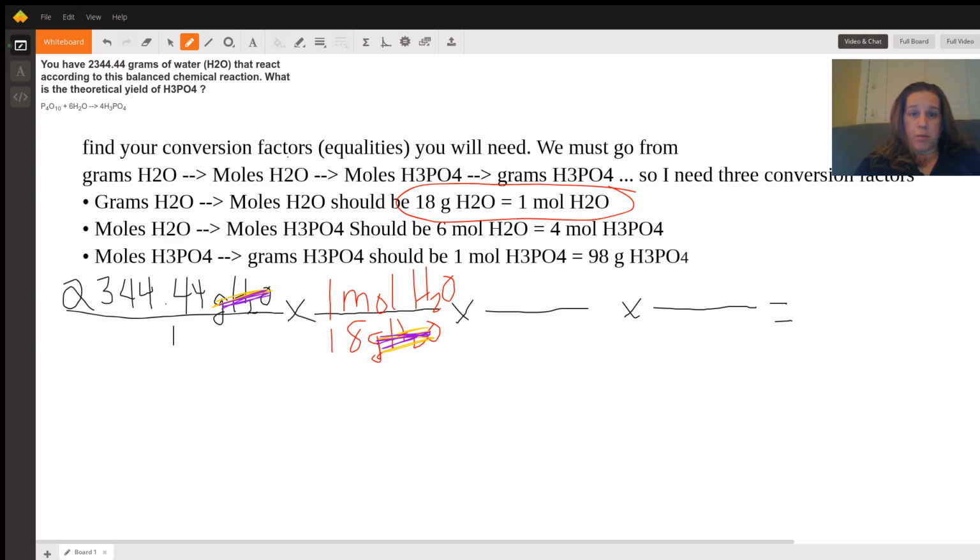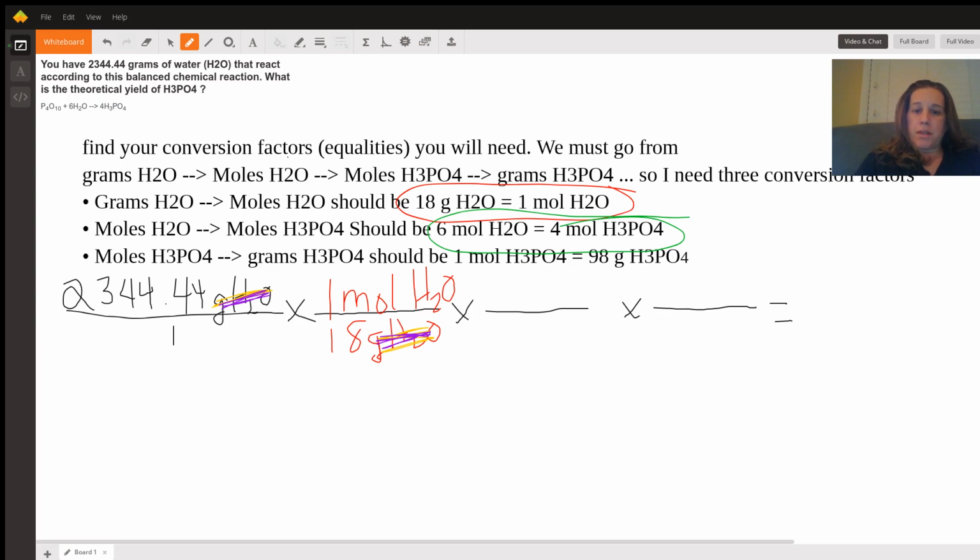I don't want moles of water. I want to eventually get to phosphoric acid. So I'm going to look at my conversion factors and I see that I have a relationship between moles of water and moles of phosphoric acid right there. Since my moles of water is on top in my previous conversion factor in the numerator position, I would like moles of water in the denominator position so I can cancel out that unit because I don't want that unit in my answer.